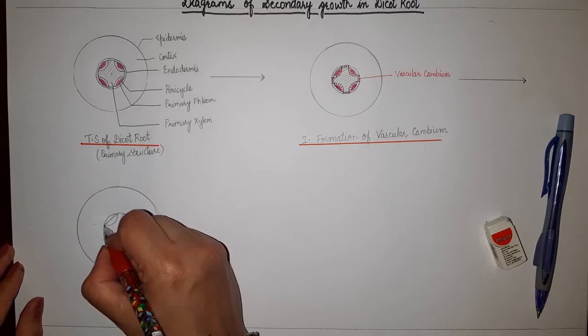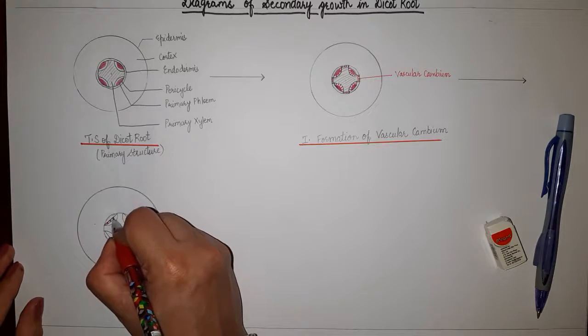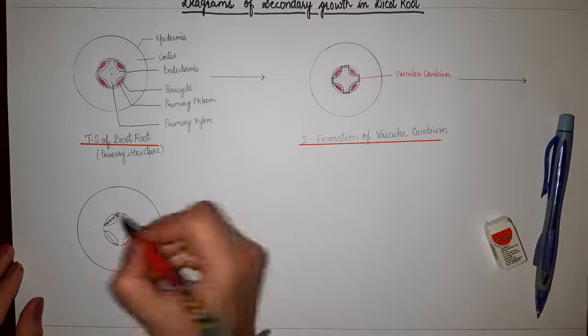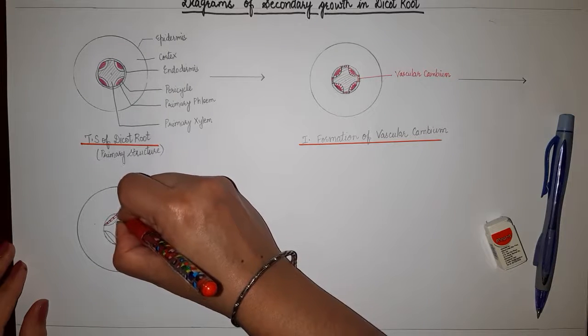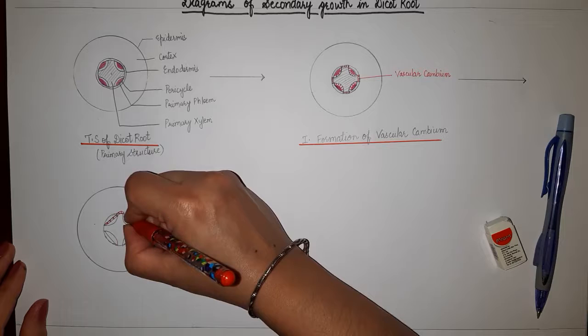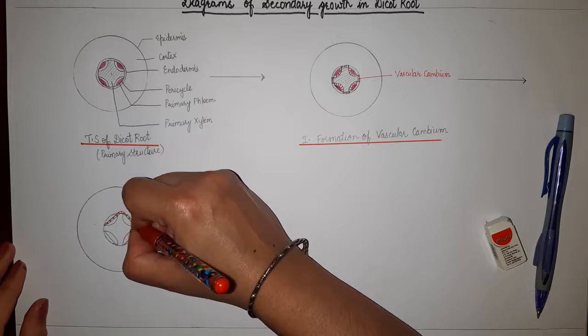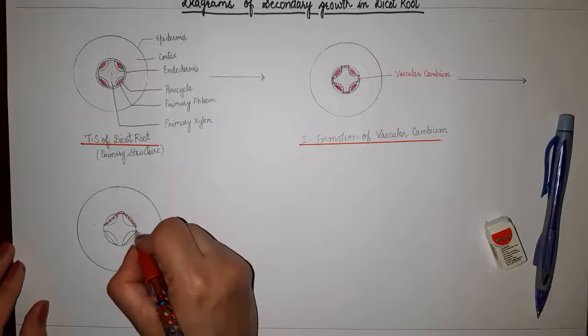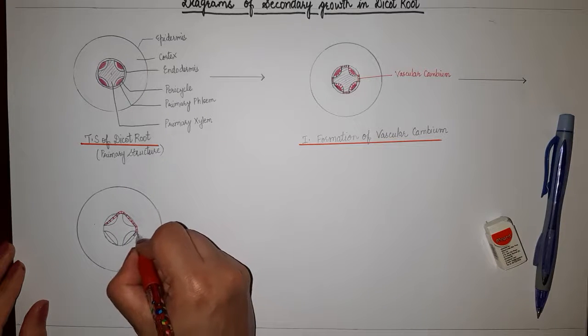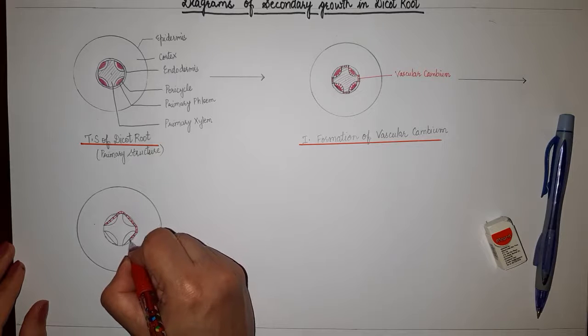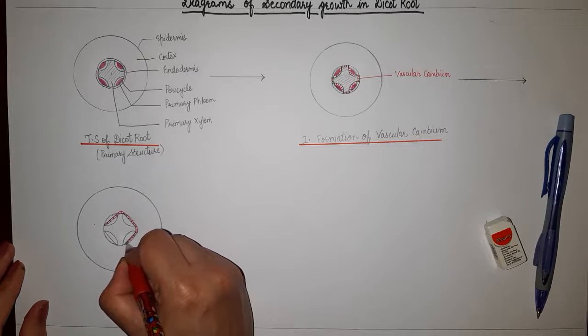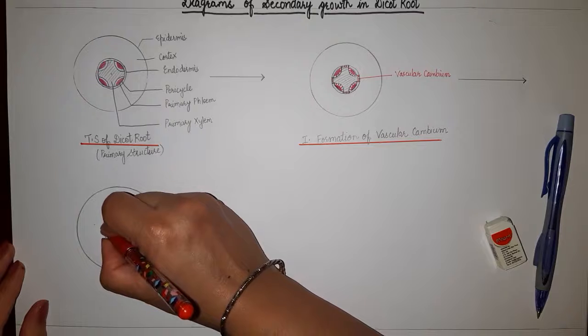So, this ring in this region, and then the cells from pericycle, again continuing with the strip of conjunctive parenchyma, 2 cells of pericycle, again the strip of conjunctive parenchyma.